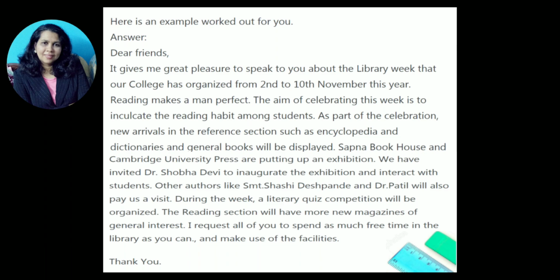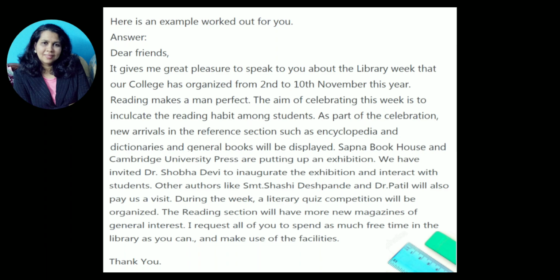Then the aim of celebrating this week is to inculcate the reading habit among students. As a part of the celebration, new arrivals. When you see, you can see the second point is about new arrivals. So in the third line, we have covered about the new arrivals. The books have come to the college in reference sections such as encyclopedia, dictionaries and general book. So 2 points we already covered.